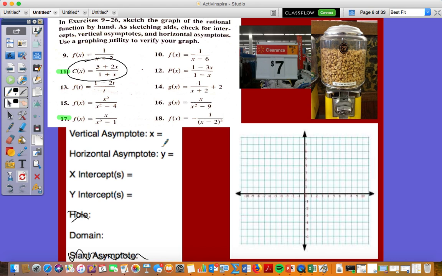This one's a lot easier now. Now it's easier. Yeah, go ahead. I got a question. This one? On horizontal asymptote, leading coefficient, 2 over 1. Correct. That's exactly right. So it's 2. Good.